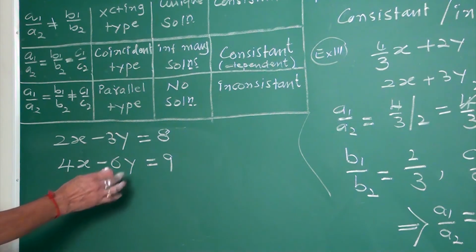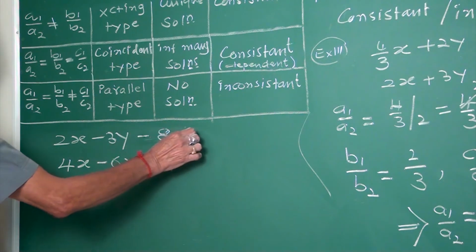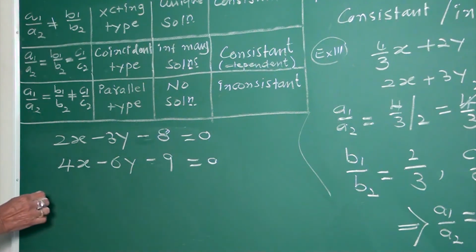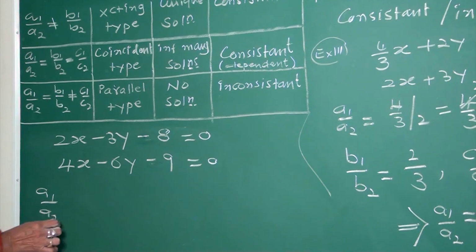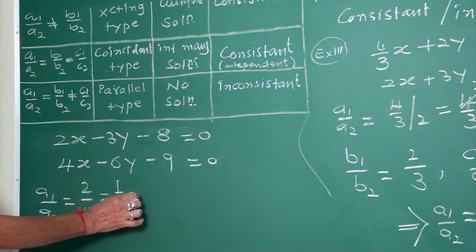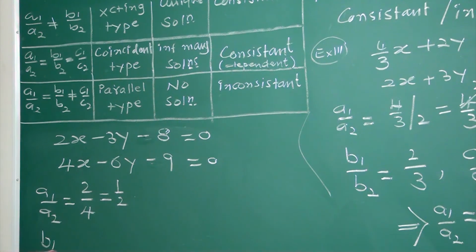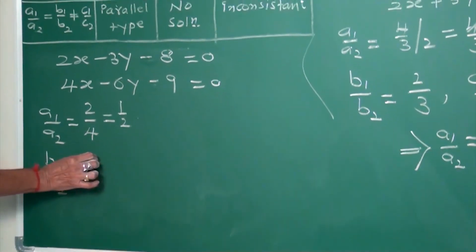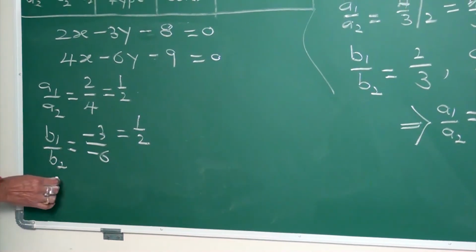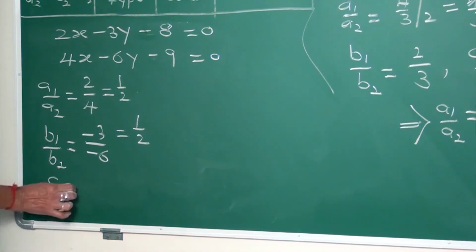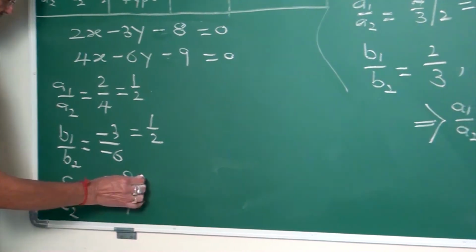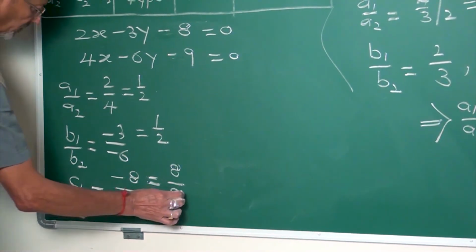The given equations can be written as 2x minus 3y minus 8 equal to 0, 4x minus 6y minus 9 equal to 0. So, my friend, a1 upon a2, 2 by 4, 1 by 2. It is b1 upon b2, minus 3 by minus 6, 1 by 2. And c1 upon c2, it is minus 8 upon minus 9, which is 8 by 9.